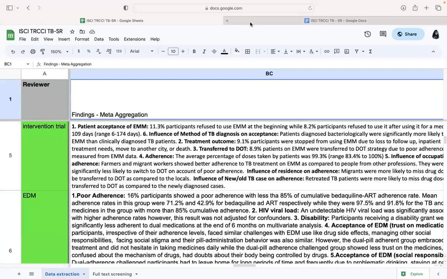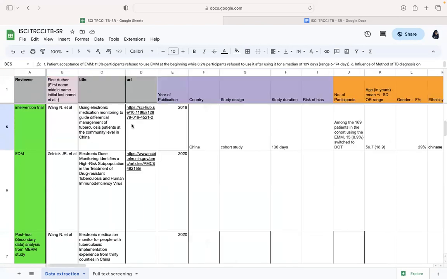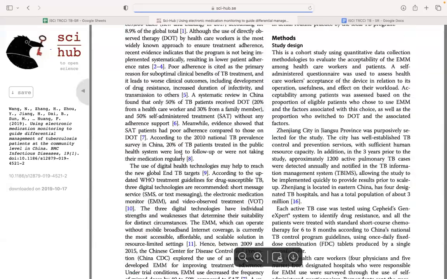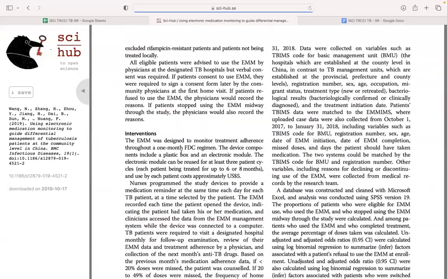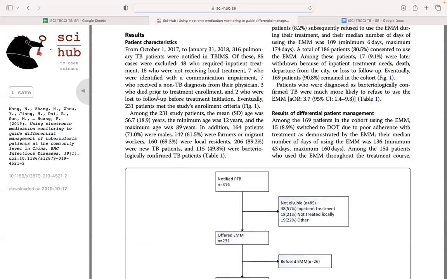What we do is we open the full text. Let me go a bit back. We open the full text article. We go to the results section, and we start reading line by line. If our study is not talking about prevalence, we ignore most of the first paragraph.